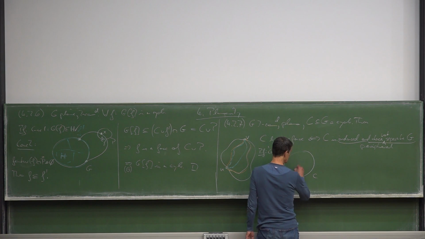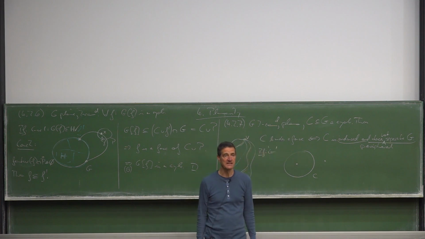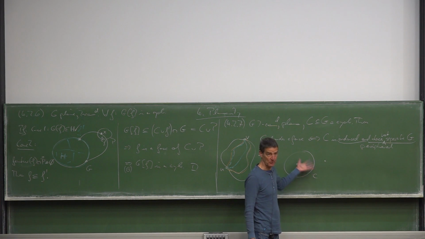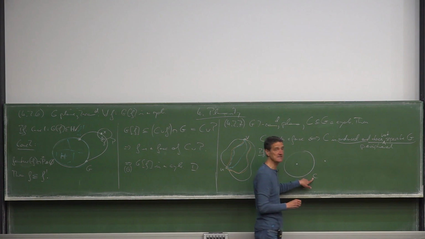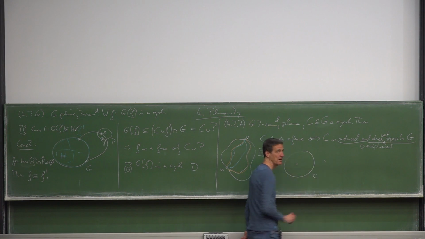So there is something in here, and there's something out there. If there's a vertex inside and a vertex outside, then C separates these vertices topologically. So any arc from here to there must hit C. That was one of the prelims. But then, of course, also if this arc is in fact a path in G, it has to hit C, and it can only do that in a vertex. So C also separates in the graph sense any two such vertices.